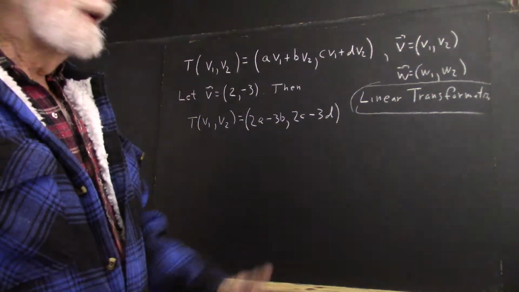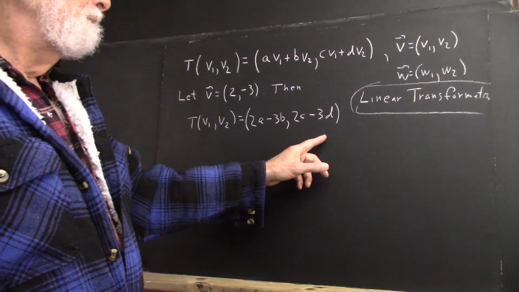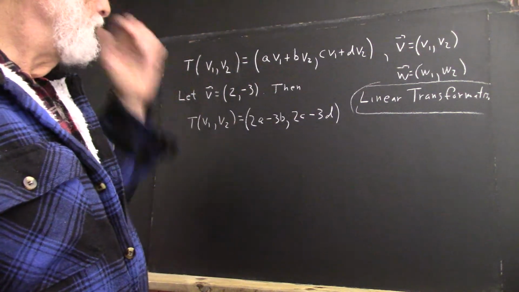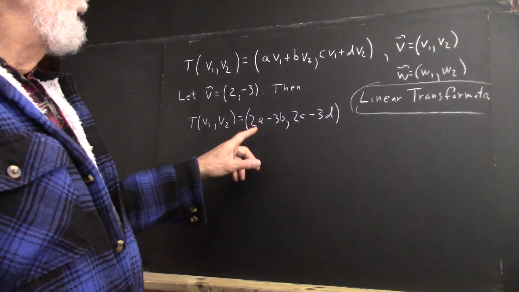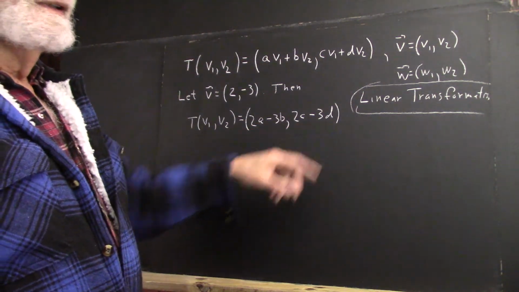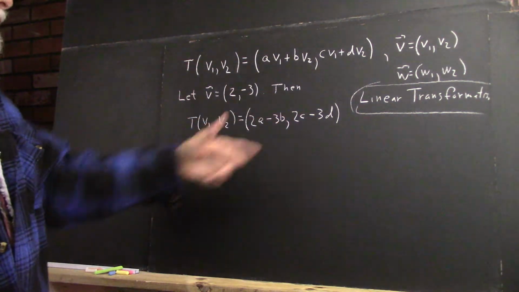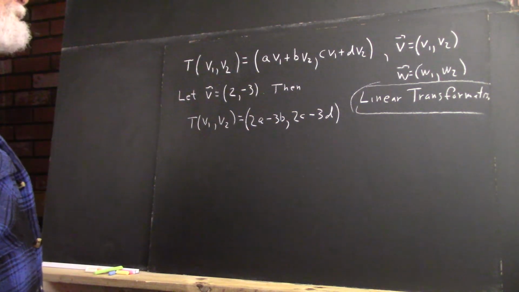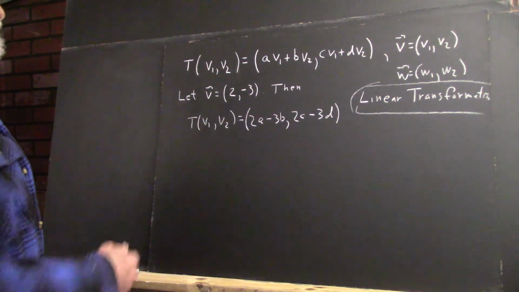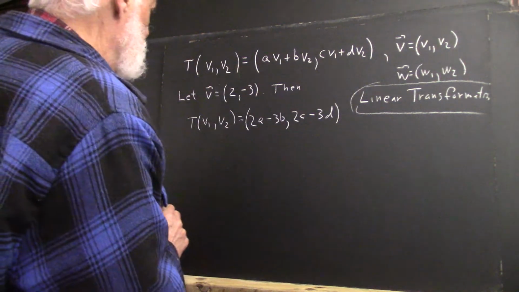I have two simultaneous equations, and I can easily solve those equations if I can determine numbers a, b, c, and d that will give me that result. Well, we're going to get to that. So that's the purpose of our w vector.